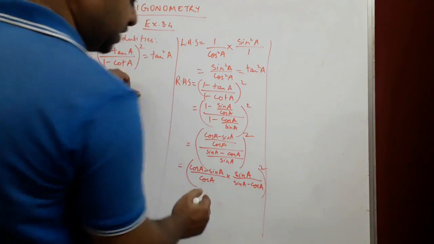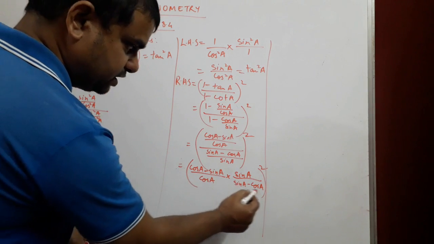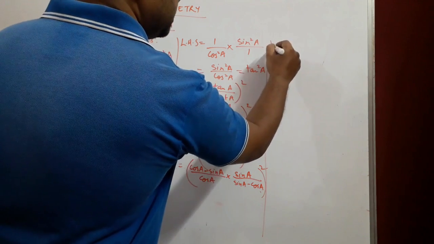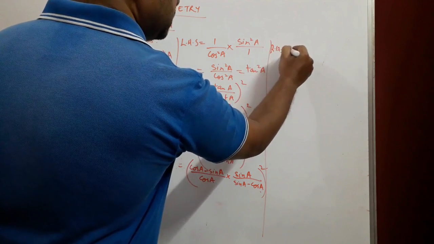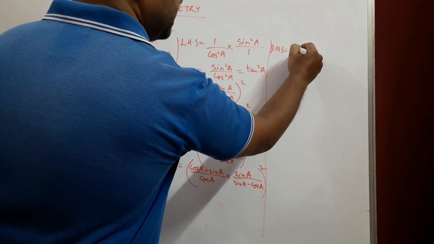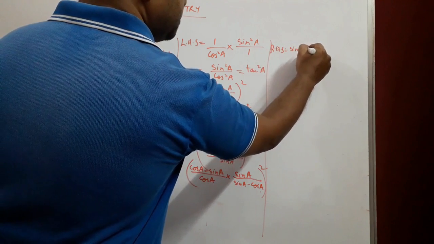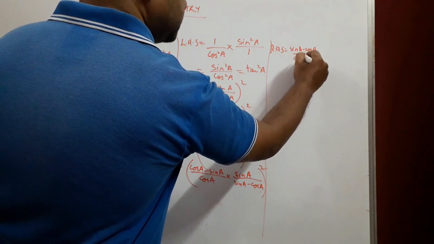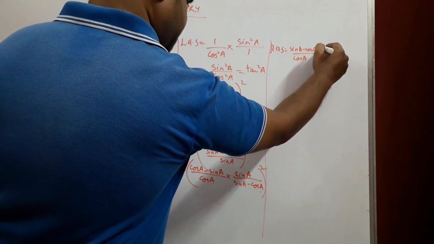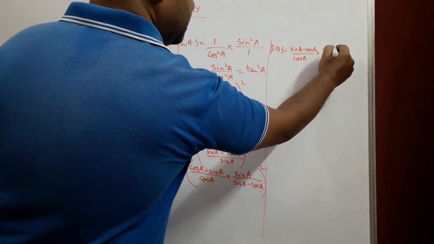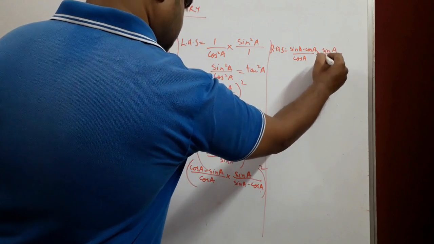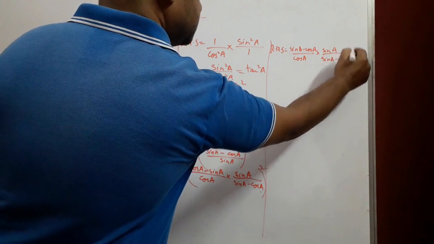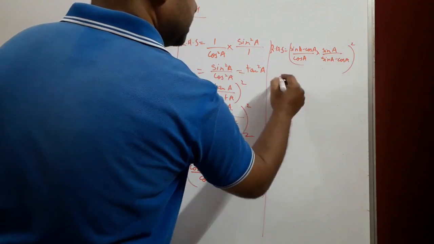So I'm trying to match this with this so that I can cancel them out. Right hand side equal to (sine a minus cos a upon cos a) into (sine a upon sine a minus cos a), whole thing squared.